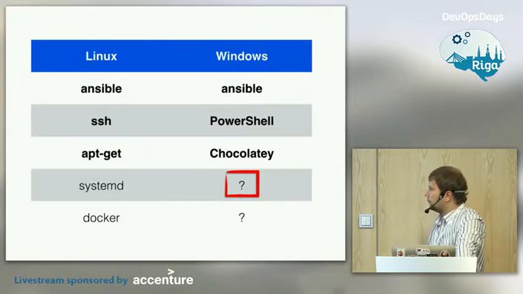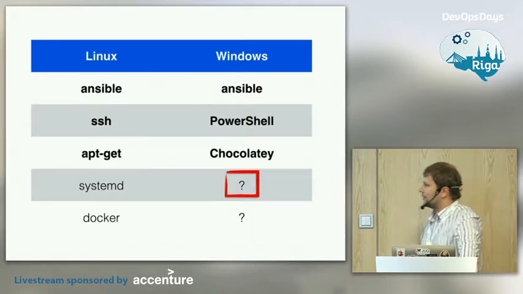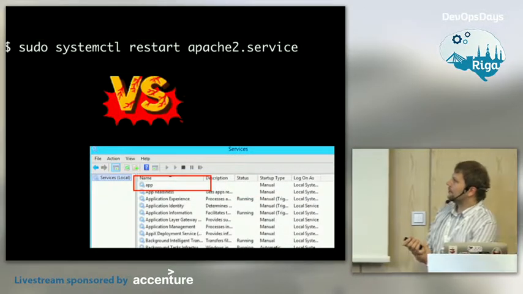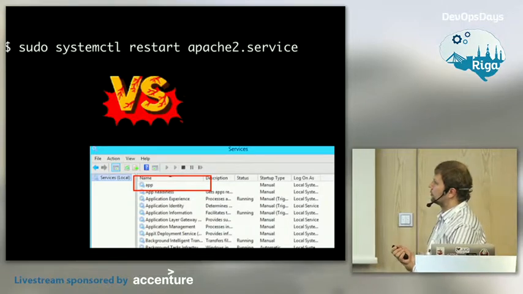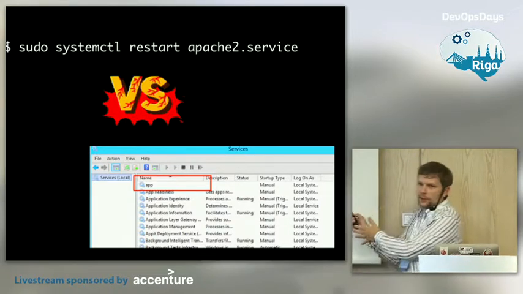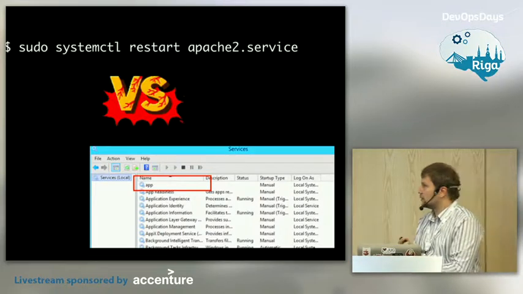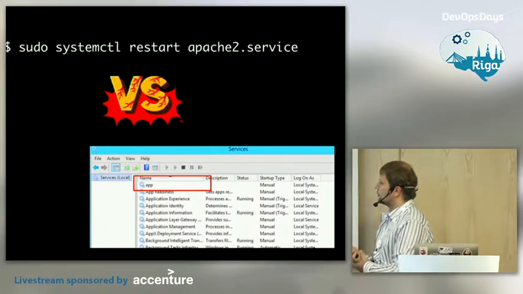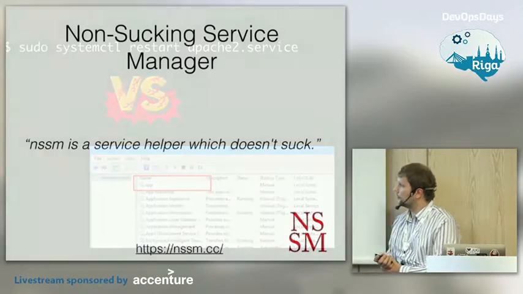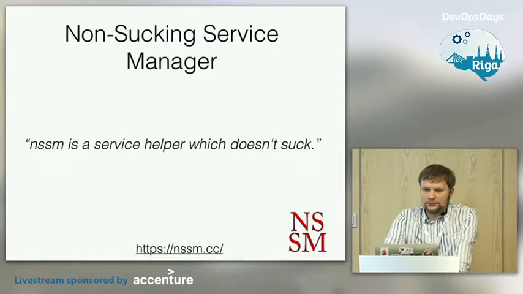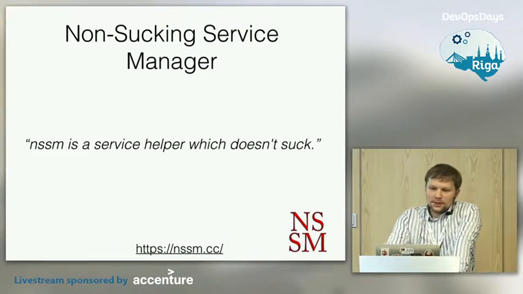All right, done. Now systemd. Now that's going to be hard. So we're comparing systemd or service with Control Panel services, right? So what would be the alternative to doing it manually? There's an enterprise tool called the Non-Sucking Service Manager.